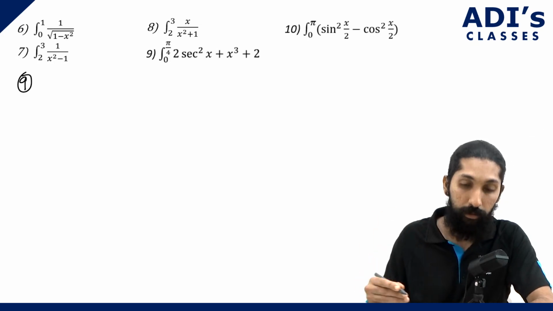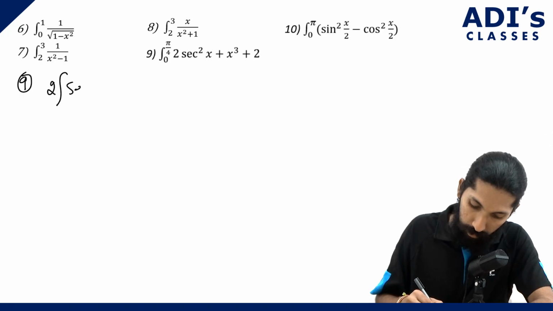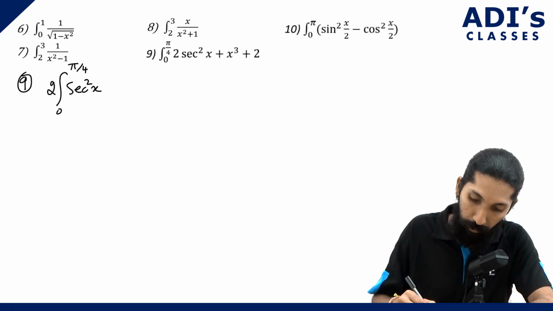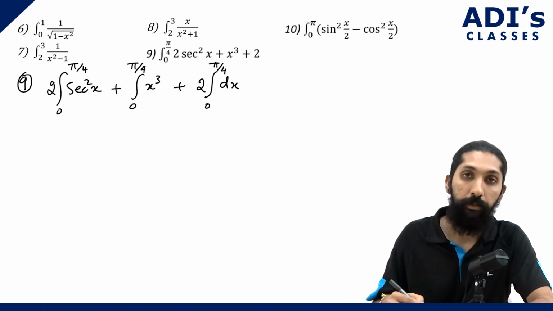Split the integral: the integral of 2 secant square x from 0 to pi by 4, plus the integral of x cube from 0 to pi by 4, plus 2 integral from 0 to pi by 4. Split.